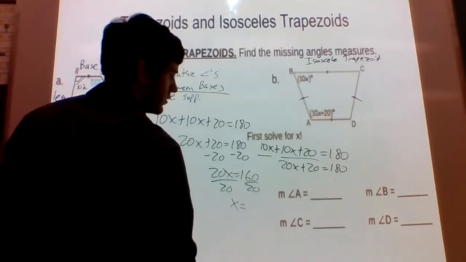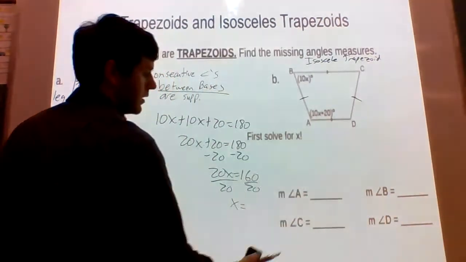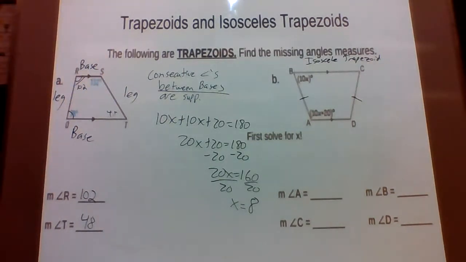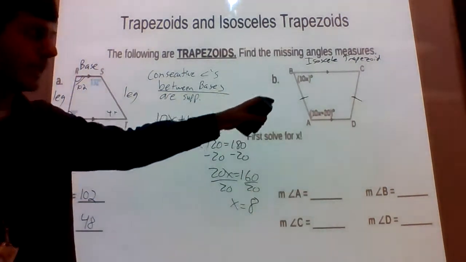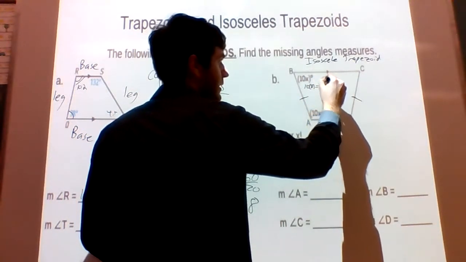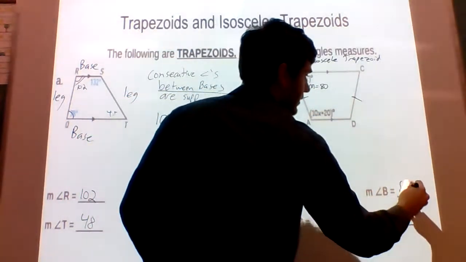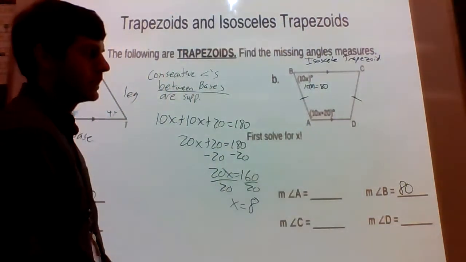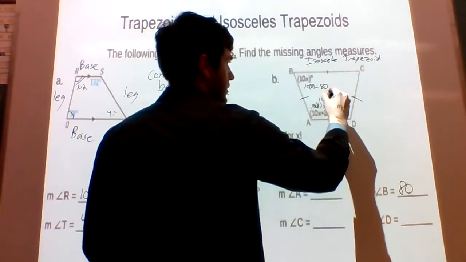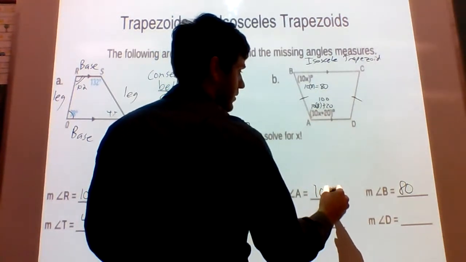X is going to be equal to 8. So we can substitute that in. 10 times 8 equals 80. So the measure of angle B is 80. 10 times 8 plus 20 is going to be 100. So the measure of angle A is 100.